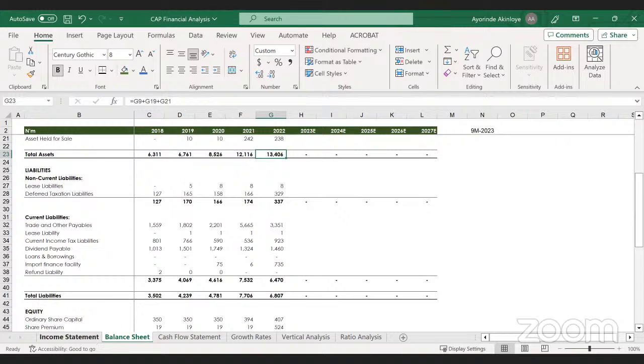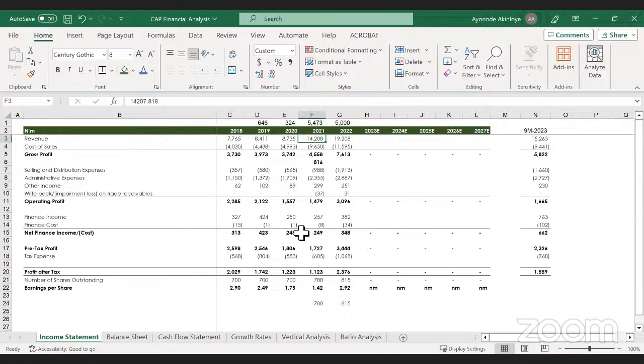If you need any figure in the income statement, let me know. Okay, you need income statement. So you've taken the figure you need from the balance sheet. So this is the income statement.